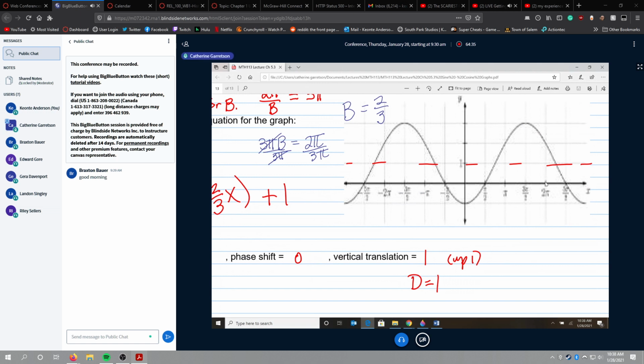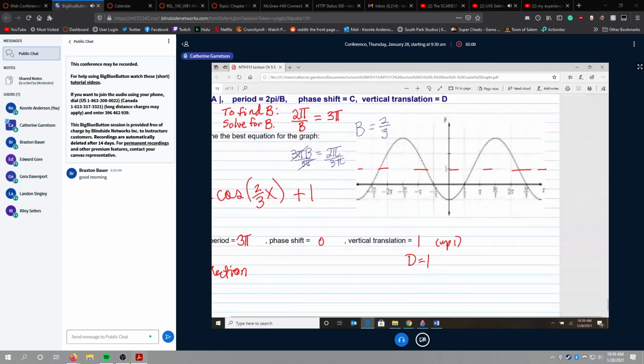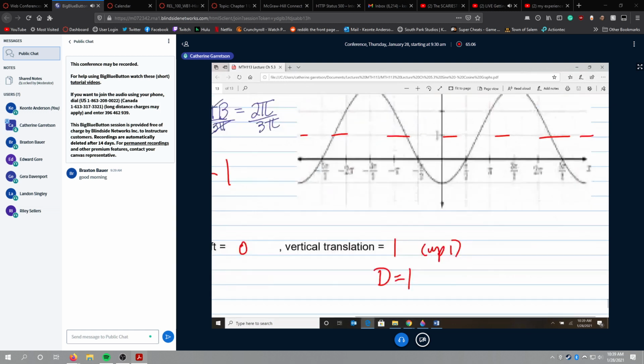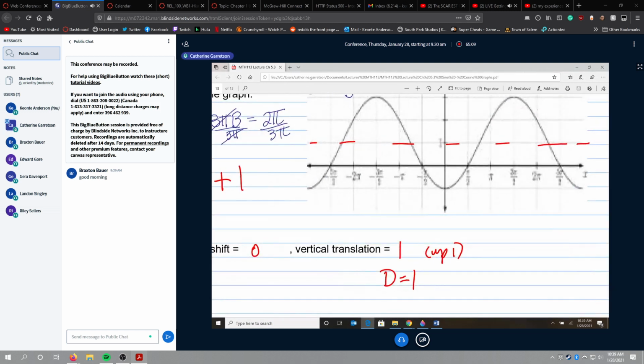If the y-axis is at the bottom of the hill and the period were the same, then at 2 pi it should be back at the bottom of the hill. But it's not. So it has increased the period. It increased it to where it's back at the hill not at 2 pi, but at 3 pi. So it changed the period from 2 pi to 3 pi.